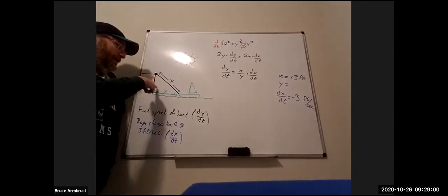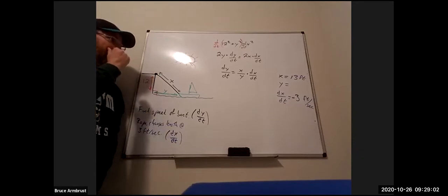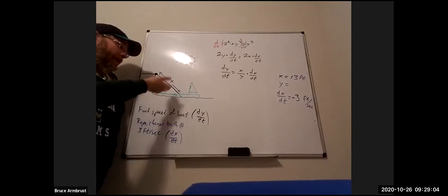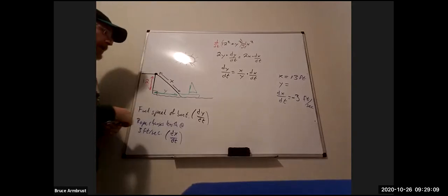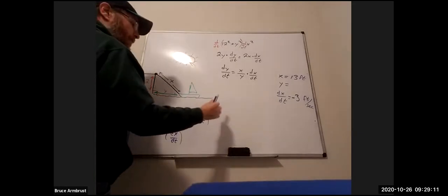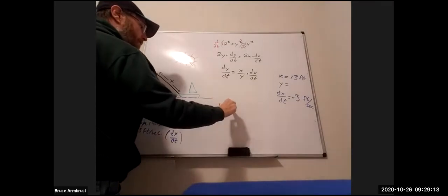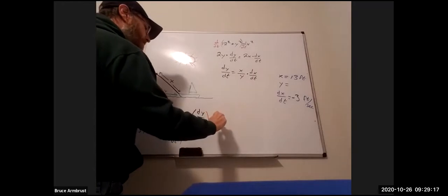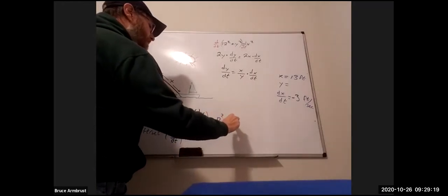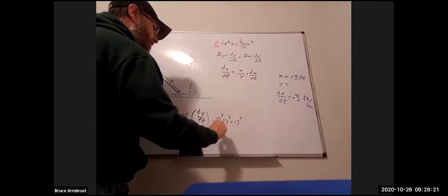We know that 12 squared plus y squared equals x squared. So if you give me an x value, I can plug that in to find my y. So I've got 144 plus y squared is equal to 13 squared, right? So 12 squared plus y squared equals 13 squared.